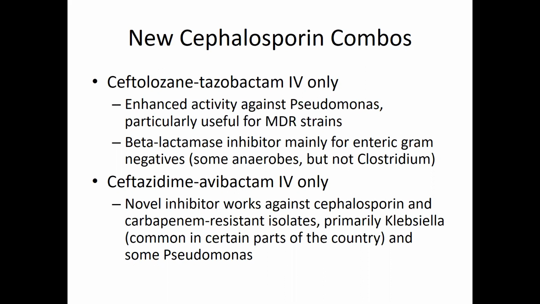This drug also has pretty good activity against Pseudomonas. We see more Pseudomonas than we do carbapenem-resistant Enterobacteriaceae, so we tend to use ceftolozane-tazobactam more than ceftaz-avibactam, and that's mainly due to the price of avibactam being more expensive, and it's about the same from an efficacy standpoint with those Pseudomonas that we see.